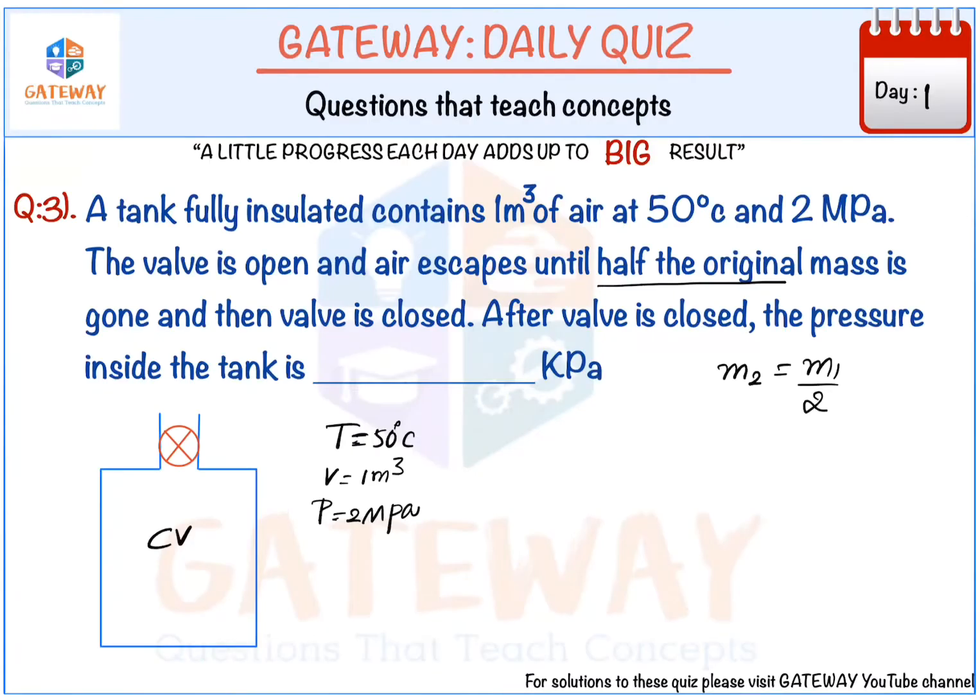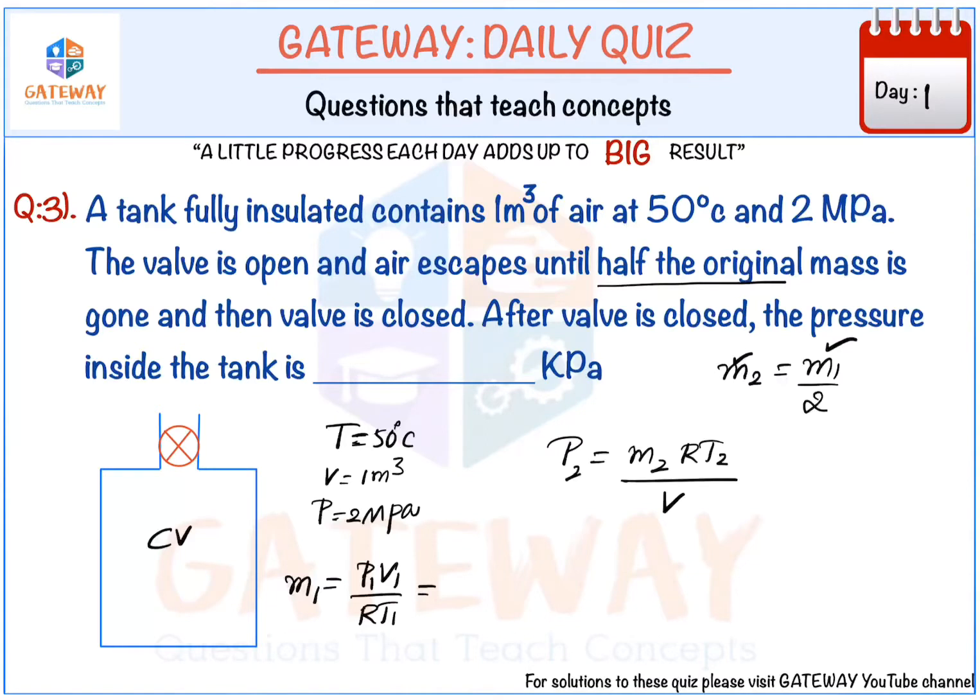Then we'll calculate the final pressure by applying the ideal gas equation. So P2 is equal to m2 R T2 upon volume, and volume is fixed. So we need to calculate the value of m2 first, and to calculate m2 we should know m1. By the ideal gas equation, m1 is P1 V1 upon R T1.